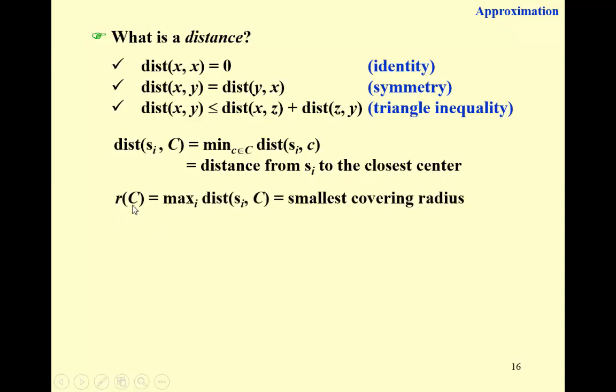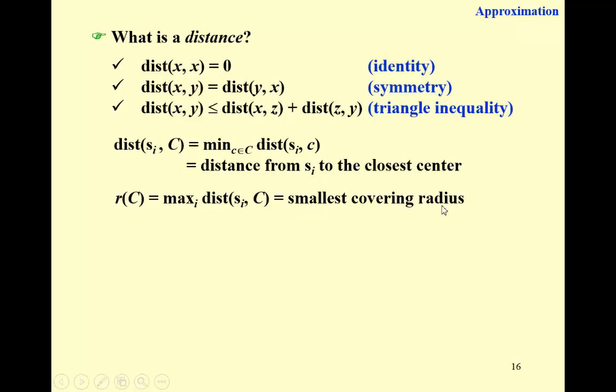And the radius of the center set, capital C, is defined to be the distance between any site and this set, capital C, and we take the maximum distance among all the sites. It's the smallest covering radius.